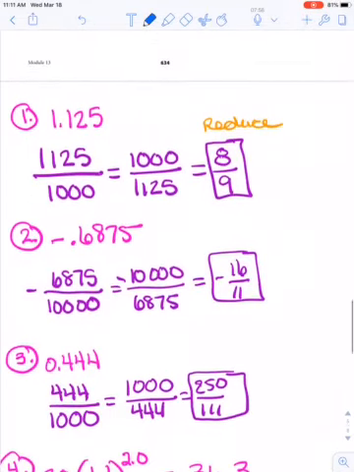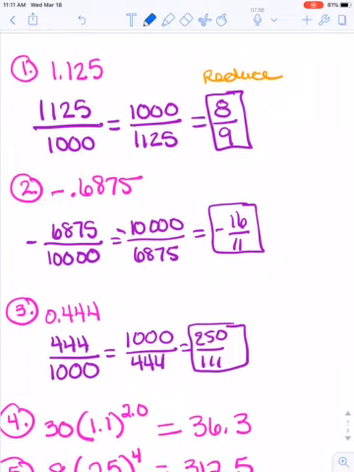Oh, you didn't pause. Put it on pause. Okay, so here we go. These answers are reduced. So they took the decimals, put them into fractions first, and then reduced. Did the reciprocal and then reduced.